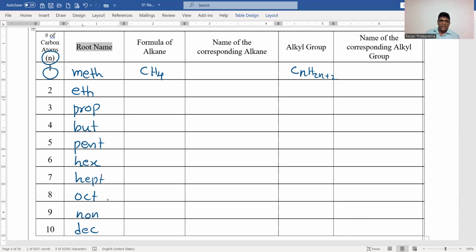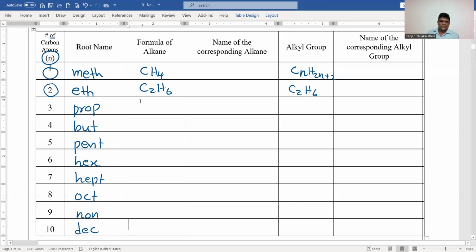Having 2 carbons, then 2 into 2, 4, 4 plus 2, 6. Then C2H6. C2H6 is the second hydrocarbon, the formula of the hydrocarbon having 2 carbons. Then you may fill up to 10 carbons. Fill it quickly.